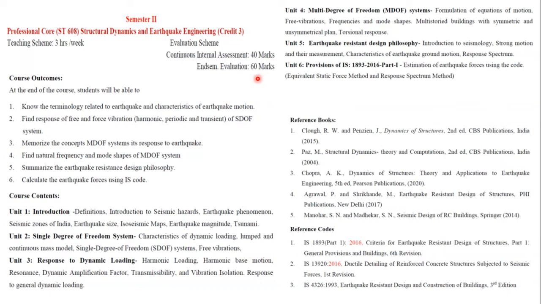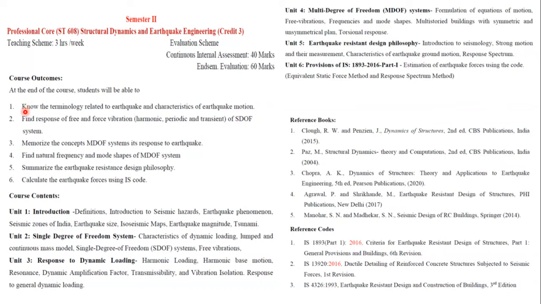Now this is the syllabus for structural dynamics and earthquake engineering. There are 6 outcomes framed for this course. Course outcome means that after completing this course, the students will be able to do certain things.